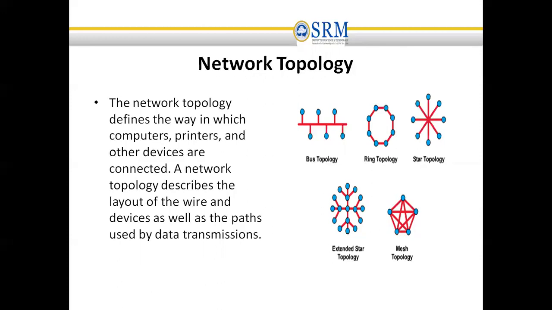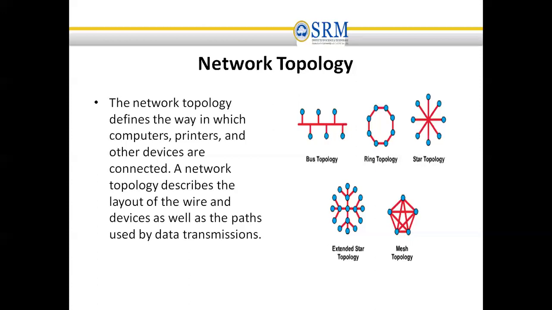When we look at the various styles of arrangement among the devices in a network, there are around 5 topologies. Number one is bus topology. Number two is ring topology. Number three is star topology. Number four is extended star topology. And number five is mesh topology. Each topology is arranged in a different fashion. In a bus topology, all the devices are connected to a single bus.